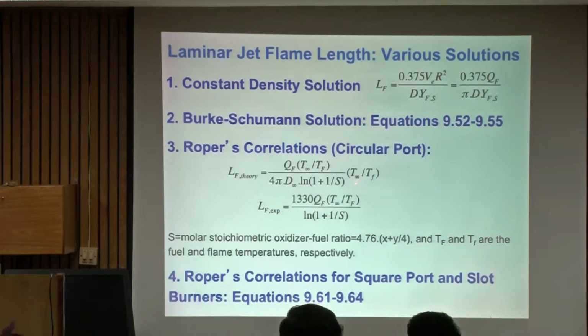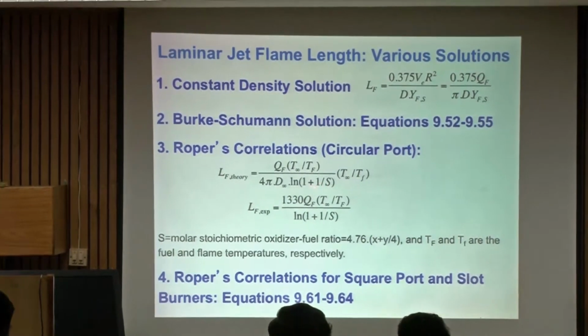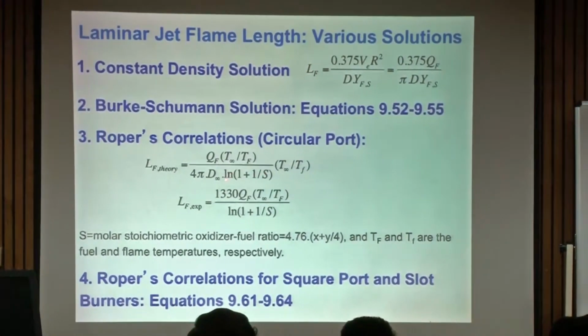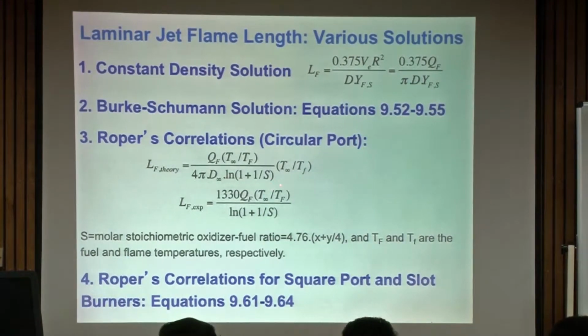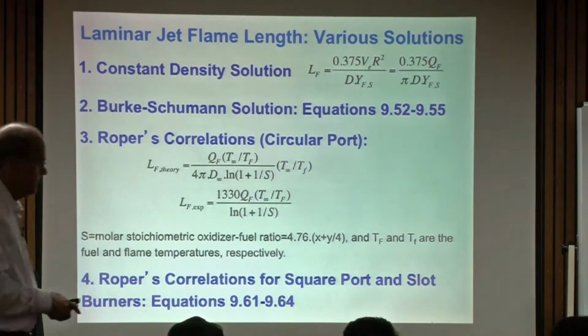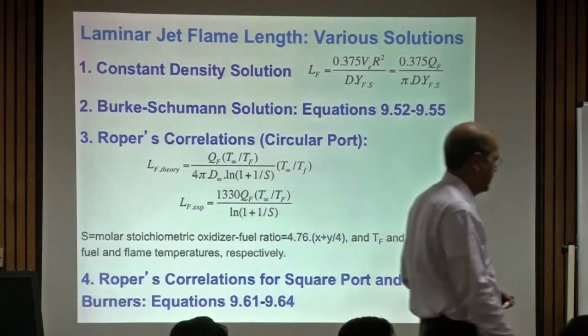And then you have this factor S, the natural log of 1 plus 1 over S, which is actually similar to this YFS. So we can take some example. We had calculated YFS earlier.